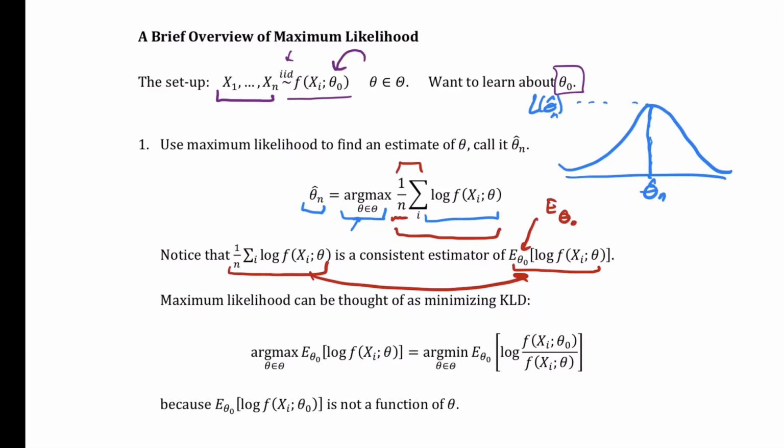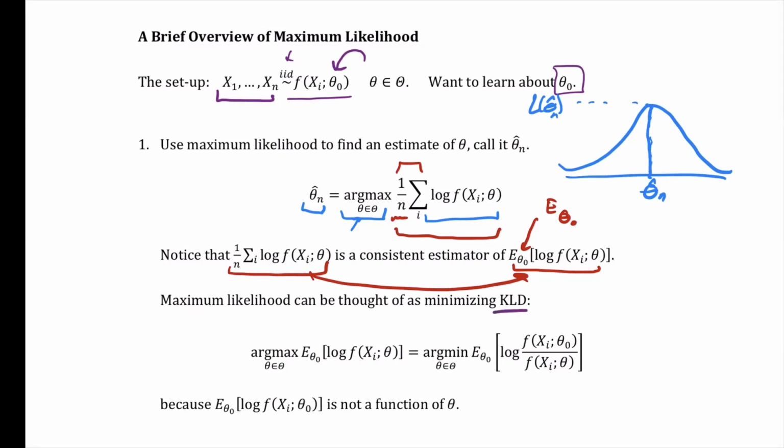So you can imagine this as just finding the value that maximizes the average log likelihood, even in the population. But there's a relationship between the average log likelihood and something that we talked about earlier, which was the Kullback-Leibler divergence, and they're closely related.